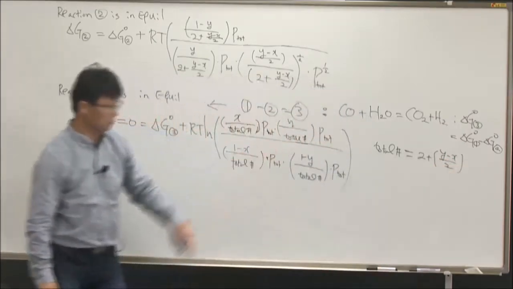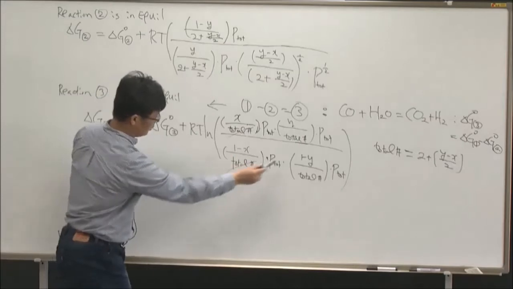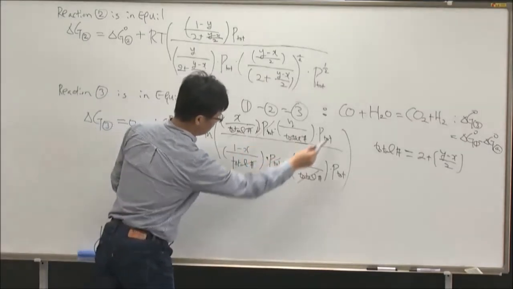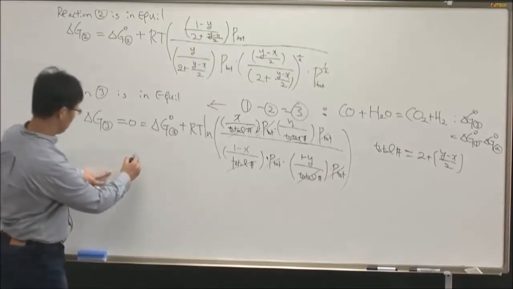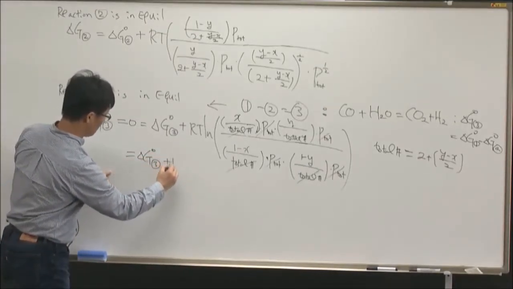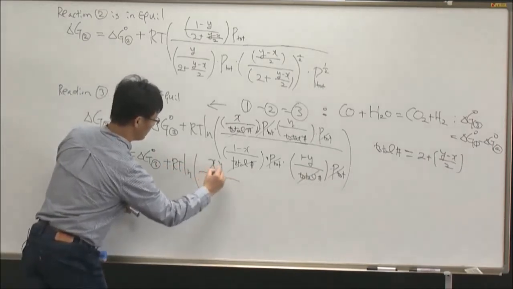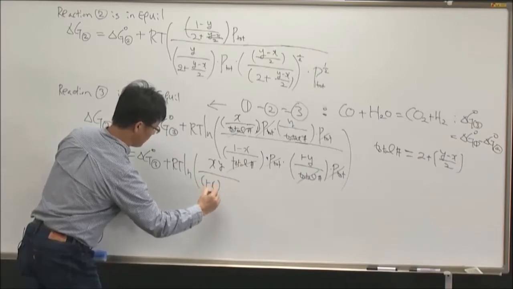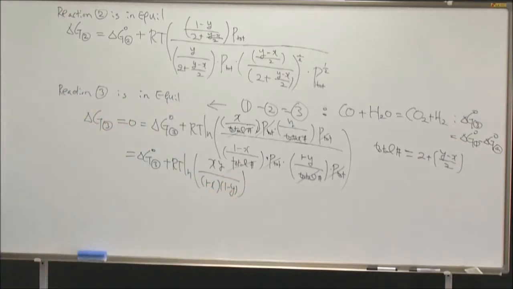Yeah, so that's the total number of moles of gas. So in this case, we are lucky. All of this is eliminated, so it's much simplified, yeah. So this will be, okay, and then you can solve if you like.